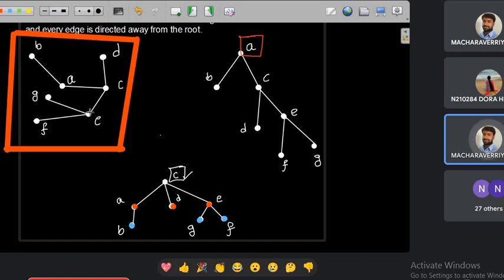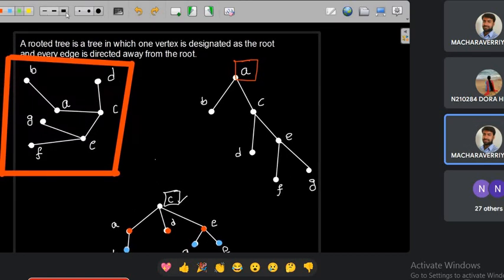Now suppose you start with E as the root, how does the graph look? This is the given graph. Now you are asked to draw a graph rooted at E. Let me try to draw that. Initially I take E, and how many edges are incident with E?